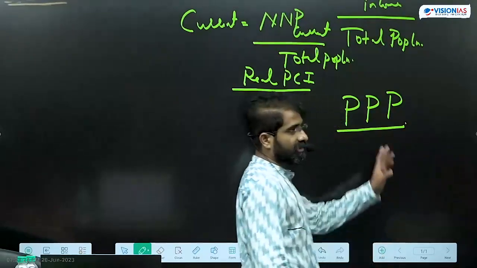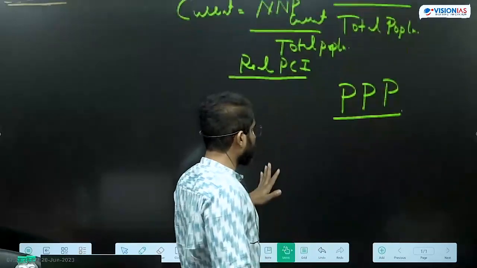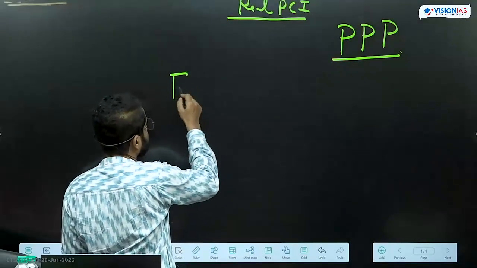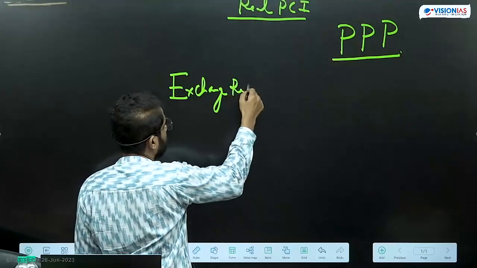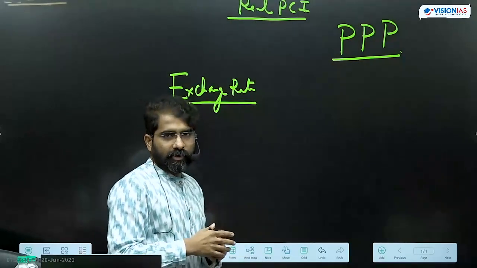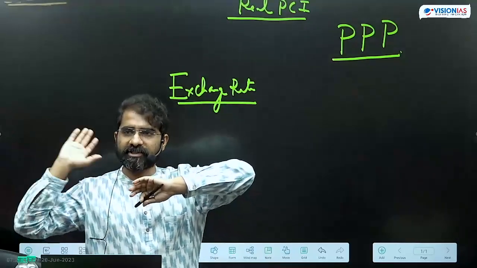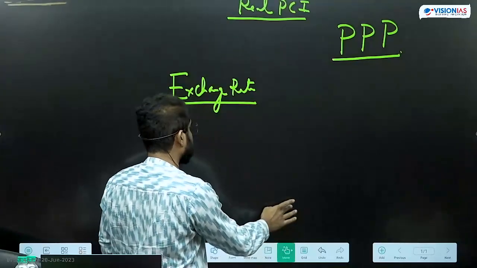Let's try to understand this word, purchasing power parity. When we talk about exchange rate, it is the rate at which one currency is exchanged with the other. We will discuss this again in detail in our external sector class, but let's understand a few things here as far as PPP is concerned.